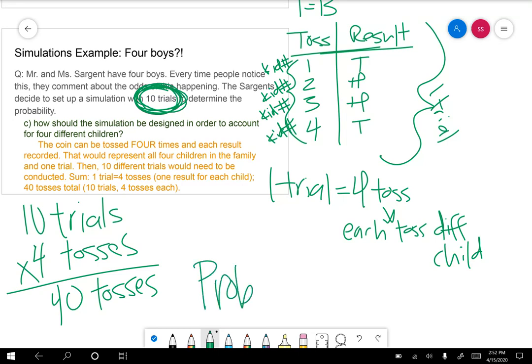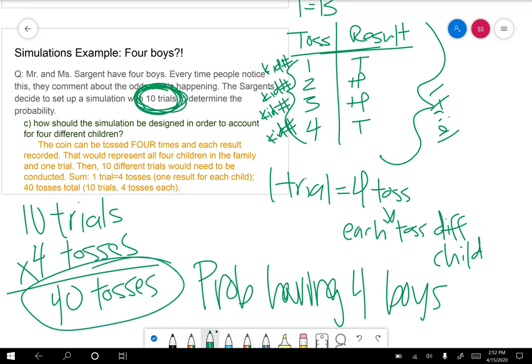So that's the probability of having 4 boys. Now, obviously, the more trials you have, the more accurate that probability is going to be, the closer it's going to get to theoretical probability. But in this case, the question only says 10 trials, so that's what we went with.